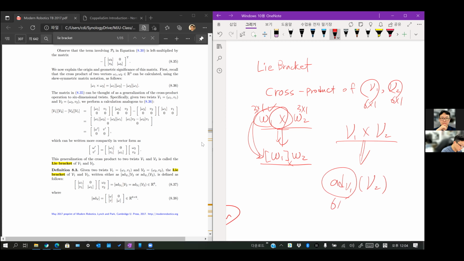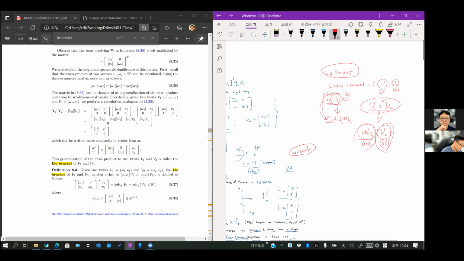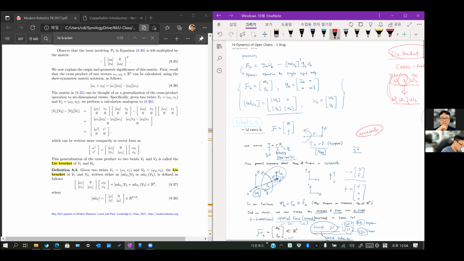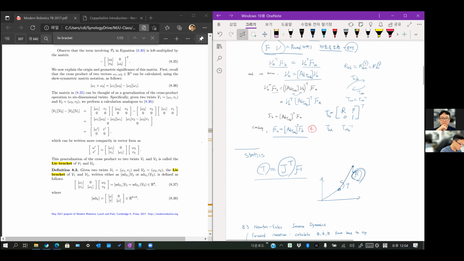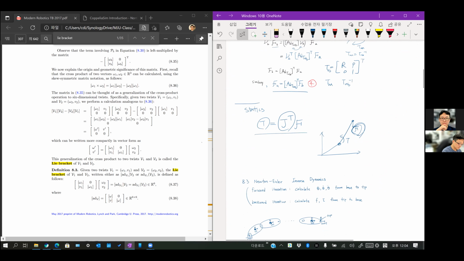So this one is a 6 by 6 matrix, and this one is a 6 by 1 vector. So by using the Lie bracket, we can turn the cross product into matrix multiplication. So you can think the Lie bracket is some kind of expanded concept of the skew-symmetric matrix.